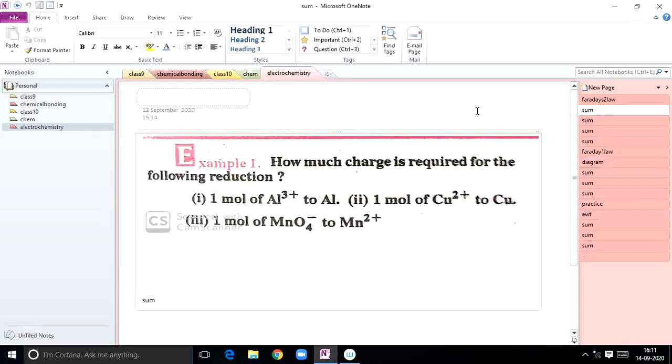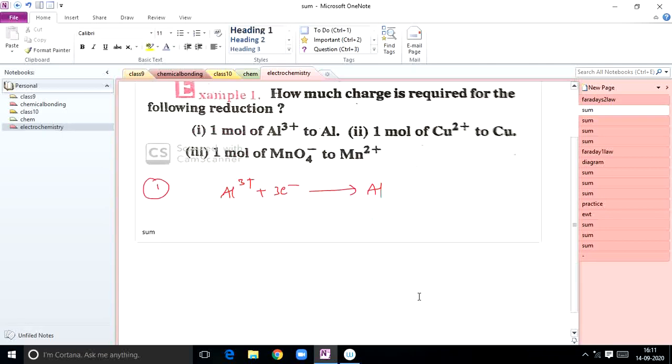So first example, how much charge is required for the following reduction? First question, you can take 1 mole of Al3+ to Al. What is the electrode reaction for the first one? Al3+ plus 3 electrons gives rise to Al. So how many Faraday, students?